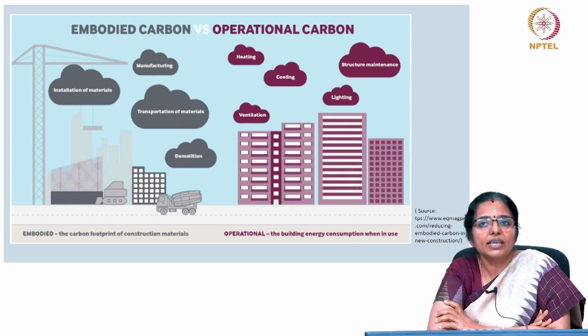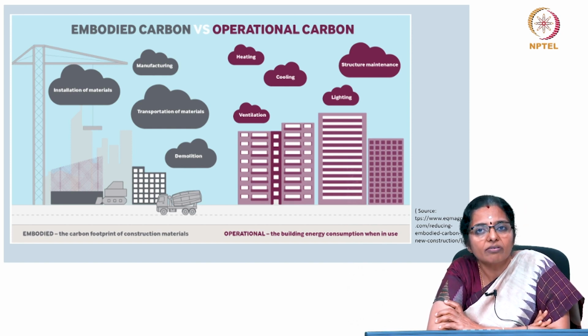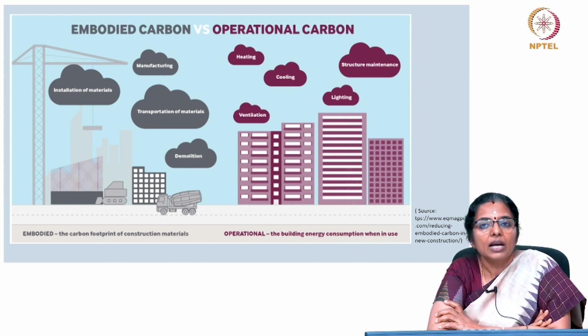Embodied carbon is the carbon footprint of a building before it is in operation, before the building is built, or rather immediately after it is built. And it encompasses the greenhouse gases emitted during the construction process.